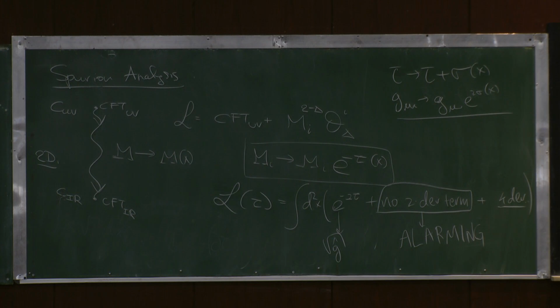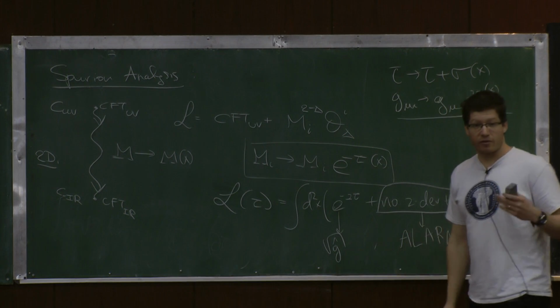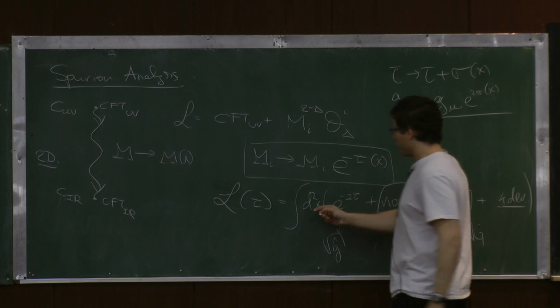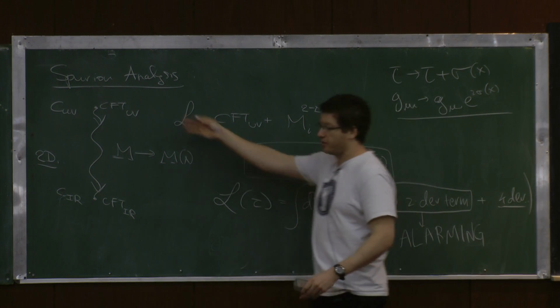The reason is that two derivative terms are extremely important in any generating functional. Two derivative terms in unitary field theories have to be positive. They're not only non-zero, they have to be positive by reflection positivity. This effective functional for tau is merely a bookkeeping device for some correlation functions in this theory.